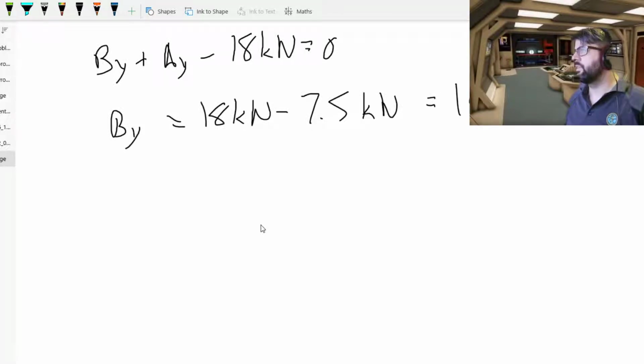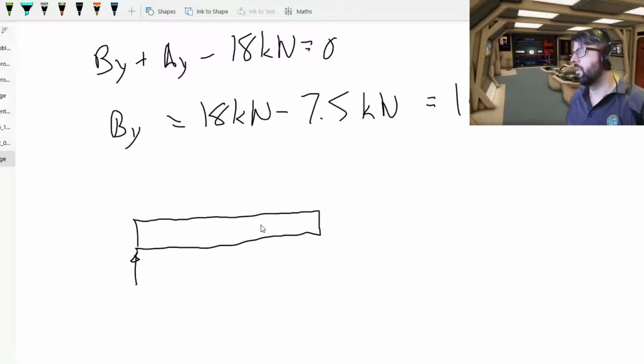Which gives us the final reaction. We can finish off our free body diagram. 7.5 kilonewtons, 10.5 kilonewtons.